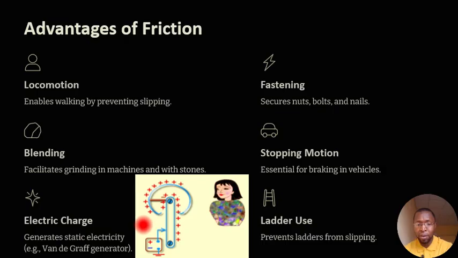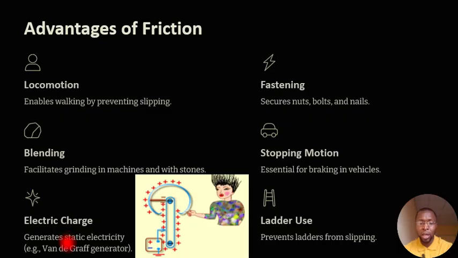As we see here, this is an example of static electricity. This is a generator called the Van de Graaff generator, named after the inventor Paul Van de Graaff. How does the generator work? In this case, an electric motor is connected to a belt. You could see this electric motor here is turning.